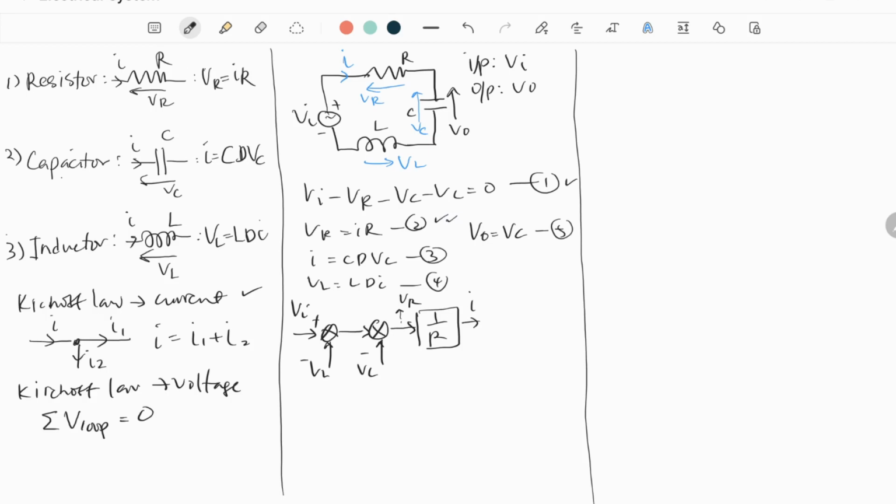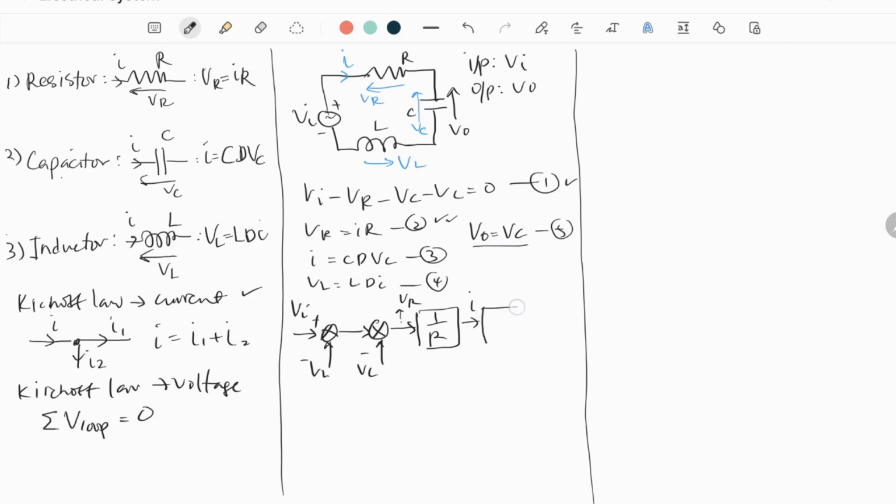I is stated in equation number 3 or 4. You can proceed with equation number 3. Remember at the end we want to derive VC. So how can you get VC from I?